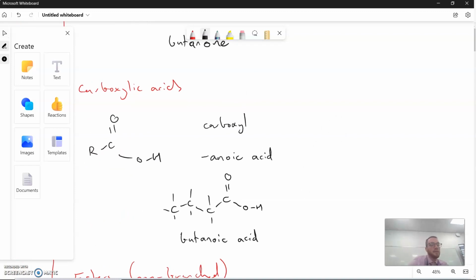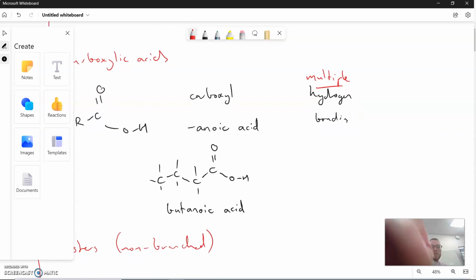Now, in terms of bonding, right, we've got a hydrogen attached to an oxygen, so we've got hydrogen bonding that can form. Not only that, we've got multiple hydrogen bonds that can occur. Right? The reason being is that I can form what's called a dimer.